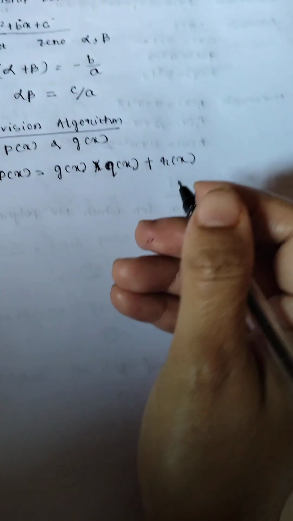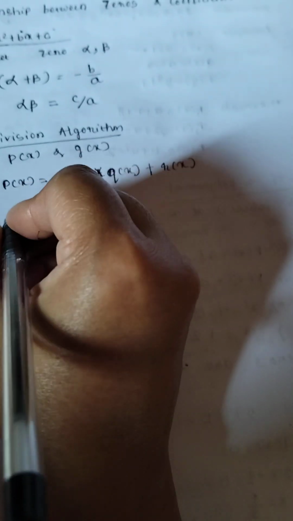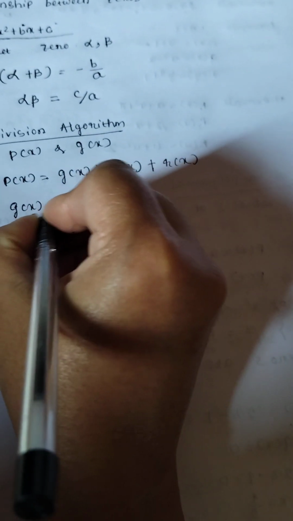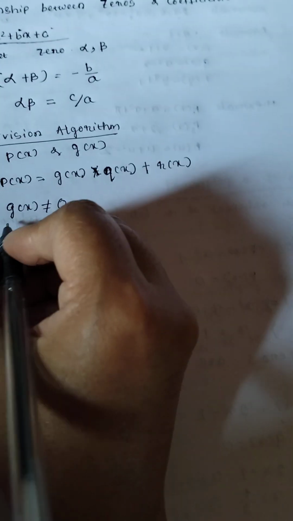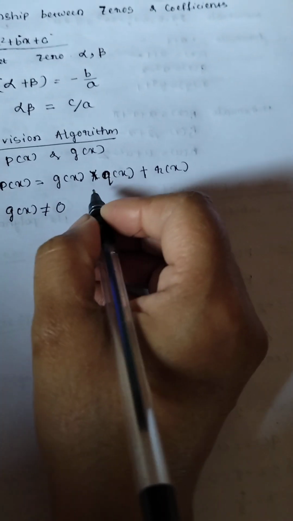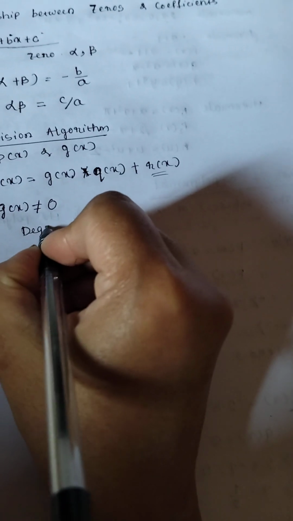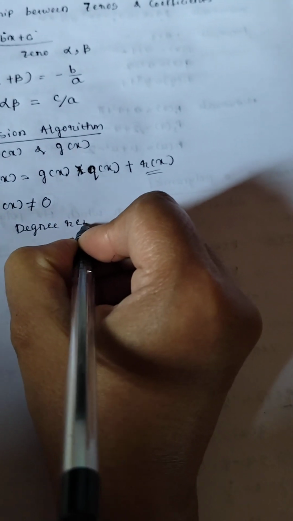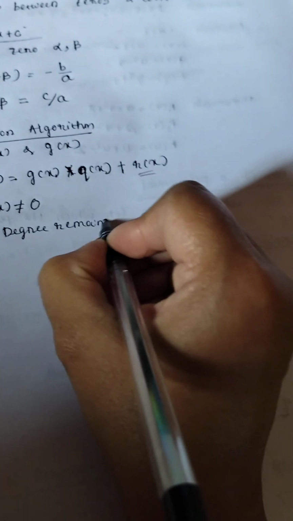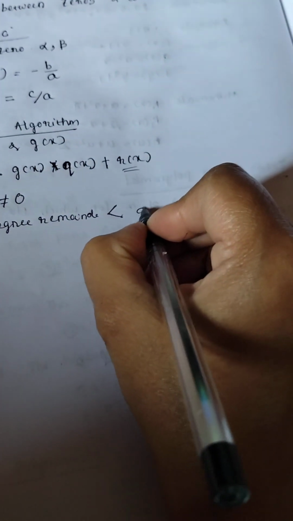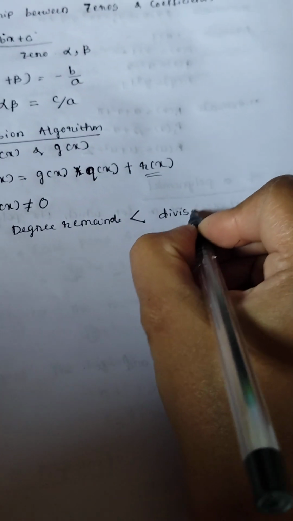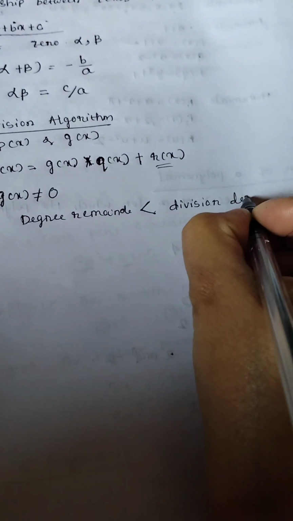That is your normal division, where g of x is not equal to 0, and the degree of the remainder r of x will obviously be less than the degree of the divisor. That is the normal concept of division.